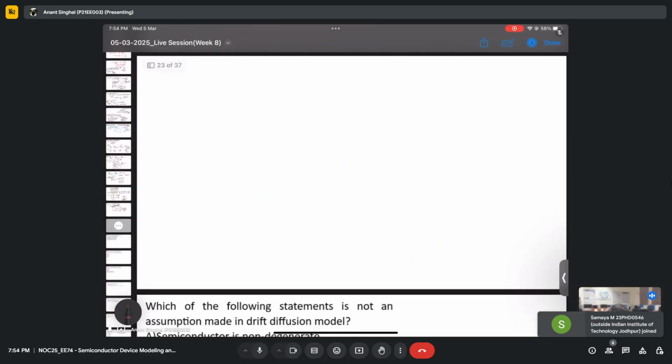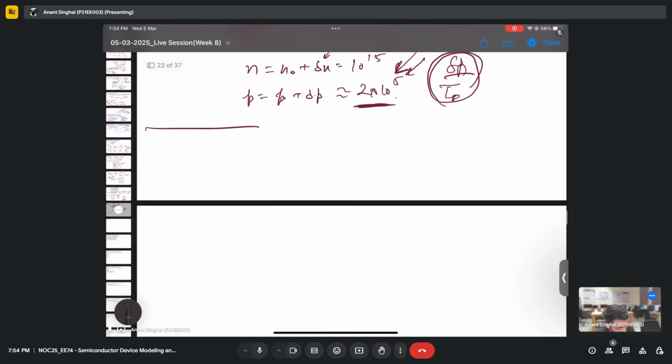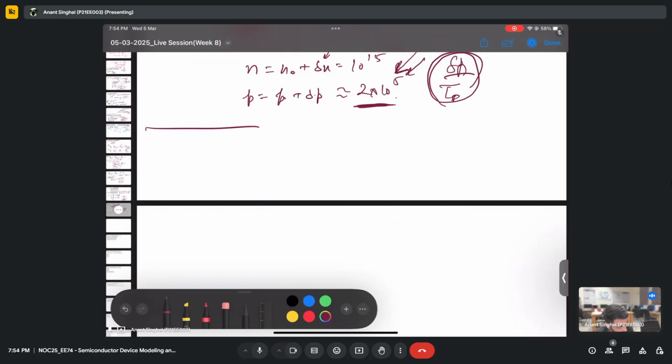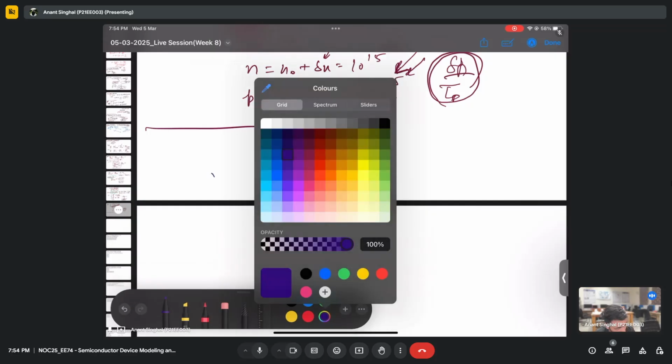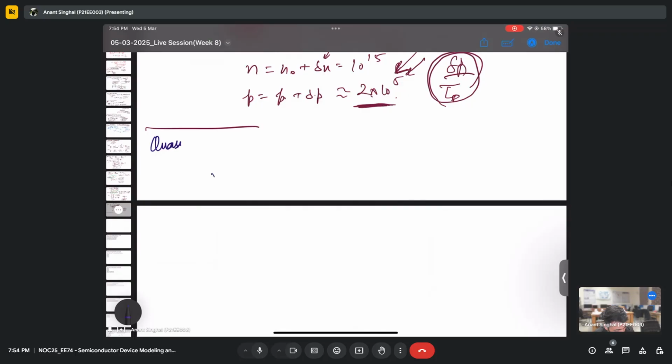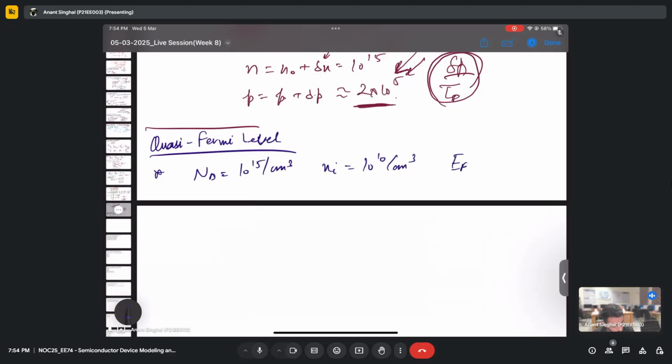Let's see one more thing that has been left out, or not properly done, which is the quasi Fermi level, because we are talking about equilibrium and non-equilibrium, so that will come into the picture. Let me refresh your minds. Let's say I'm taking an n-type semiconductor with Nd of 10 to the power 15 per centimeter cube. Can you tell what EF minus Ei is if it is in equilibrium?